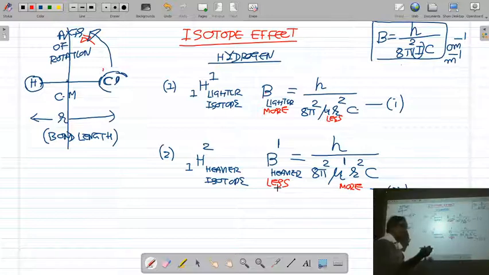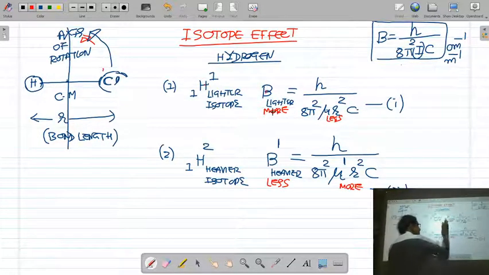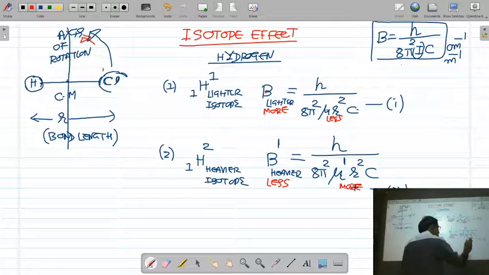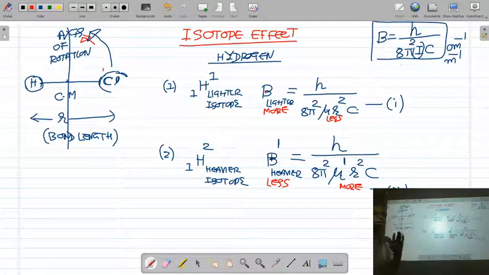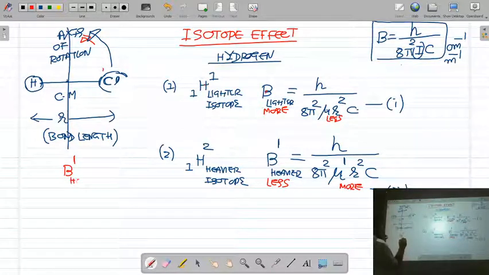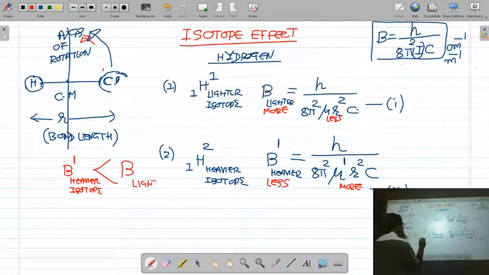As for example, for hydrogen, the lighter isotope 1H1 has less reduced mass, so its rotational constant will be more. The reduced mass of the heavier isotope 1H2 is more, therefore its rotational constant will be less. So it means that B dash, the rotational constant of the heavier isotope, is less than the rotational constant of the lighter isotope.